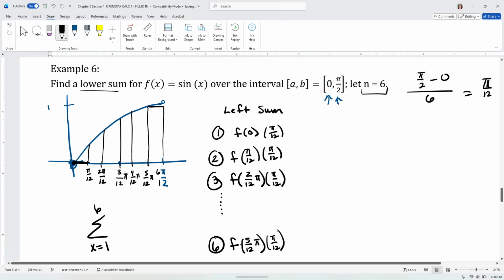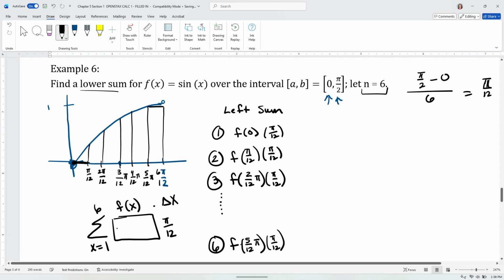Okay, now how do I talk about this generically? Well, I would put here the function, right? I'll go like that for now, times the width, right? So height times width. Now I know my width, it's pi over 12. What I don't know is what I want to put in the box, right?